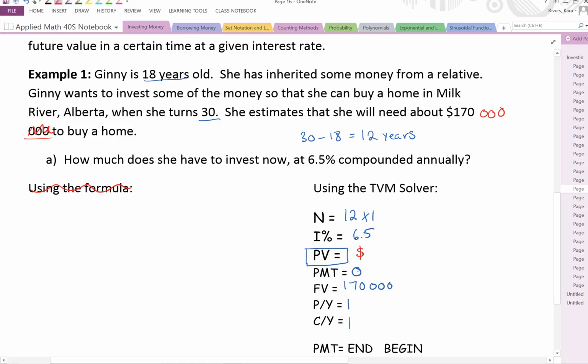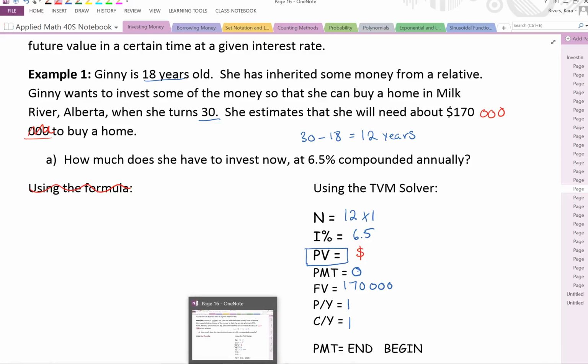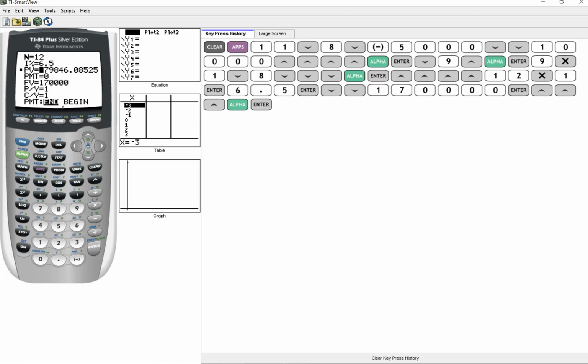Make sure we've got a dollar sign there, rounding to 2 decimal places. Now notice in our graphing calculator that value came up as a negative. Why? Because we're investing it. But when you state your answer, don't state it as a negative.